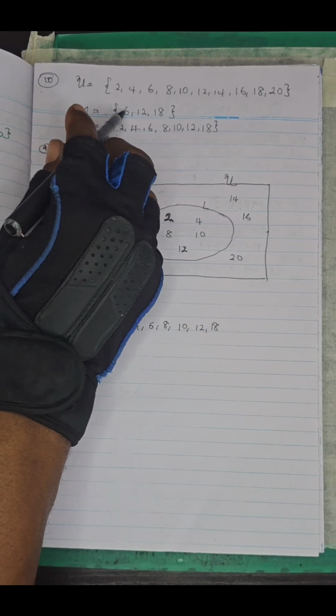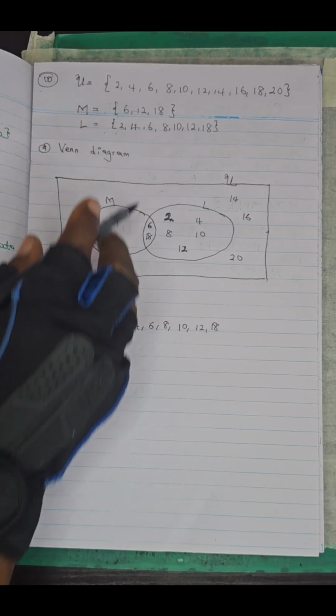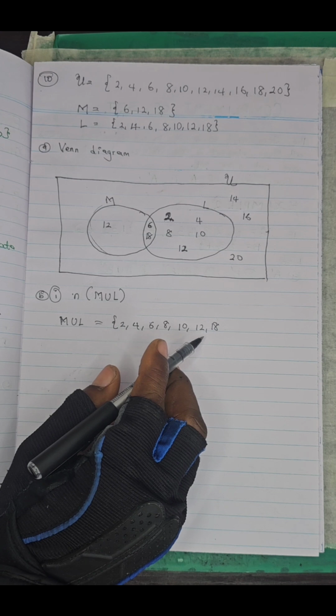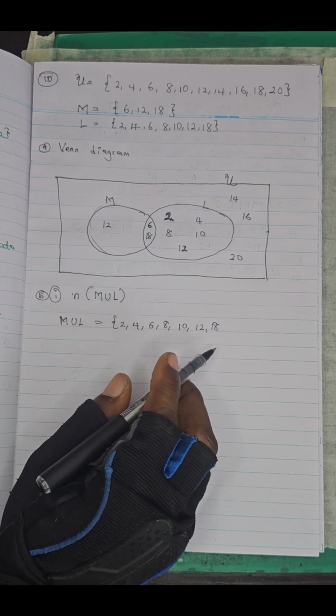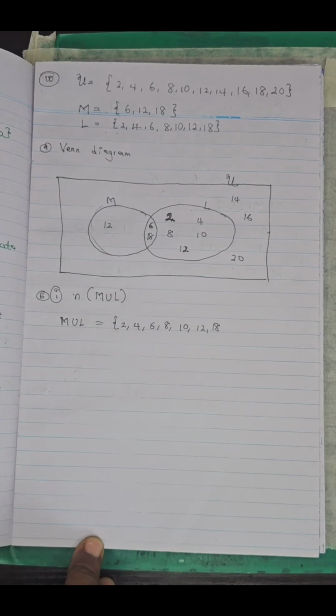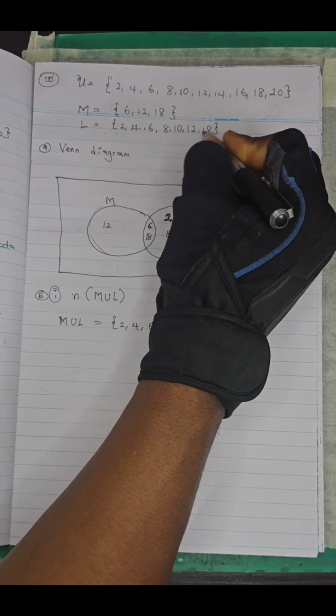Then when you go to M, make sure you do not repeat. 6 is already there, so you're not repeating it. 12 is already there, 18 is already here. I think there is an error here. For those that observe it, thank you very much. In L, we don't have this 18.